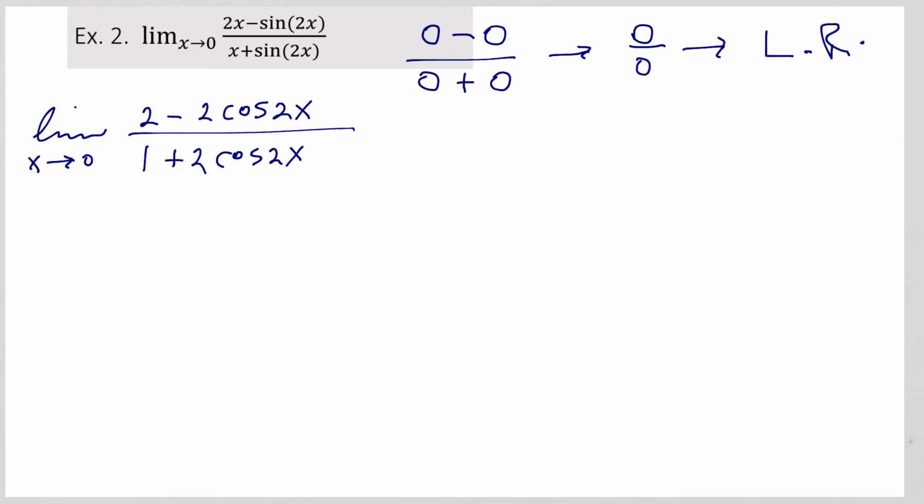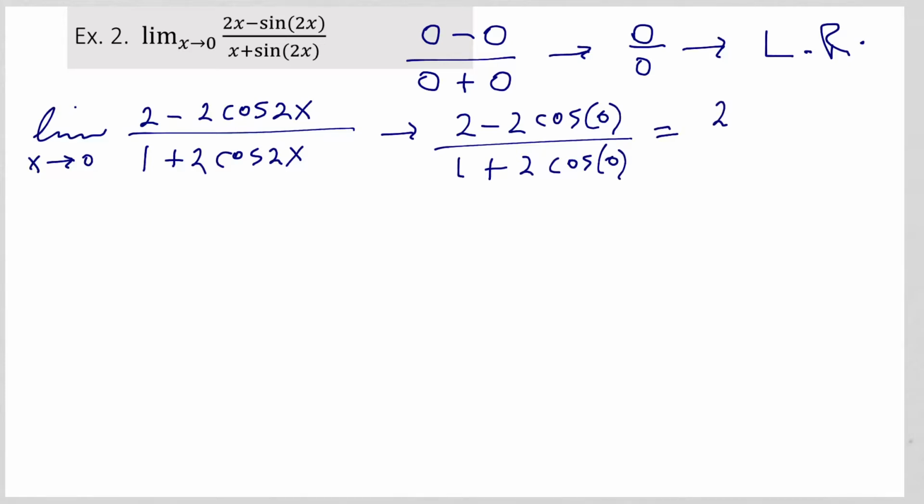Now I try to evaluate this limit as x approaches 0. So I'll get 2 minus 2 times the cosine of 0, and 1 plus 2 times the cosine of 0. That's 2 minus 2 times 1, and 1 plus 2 times 1.